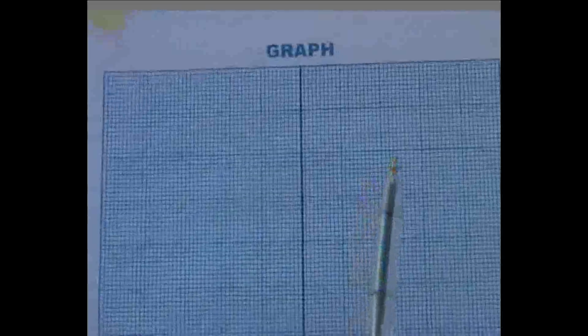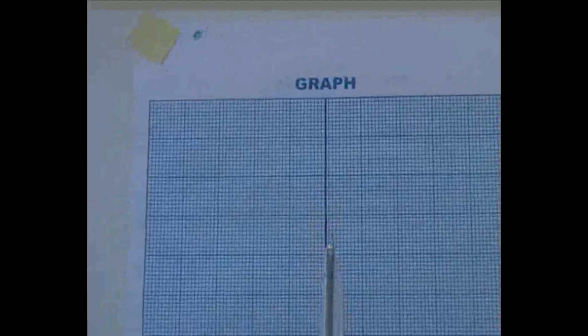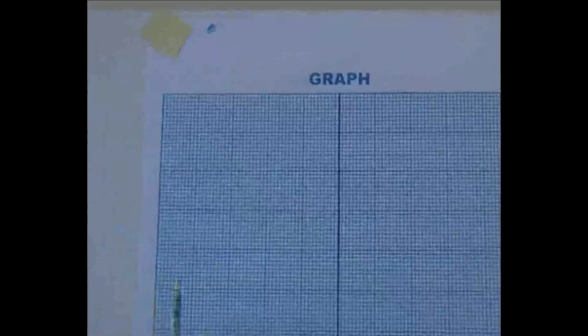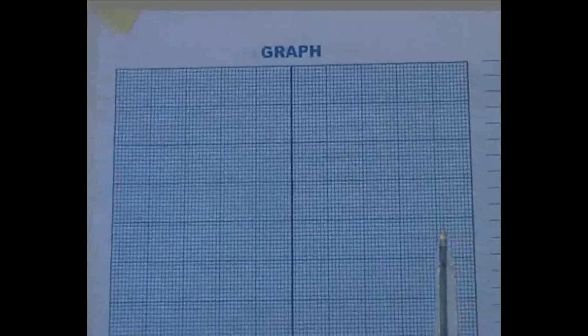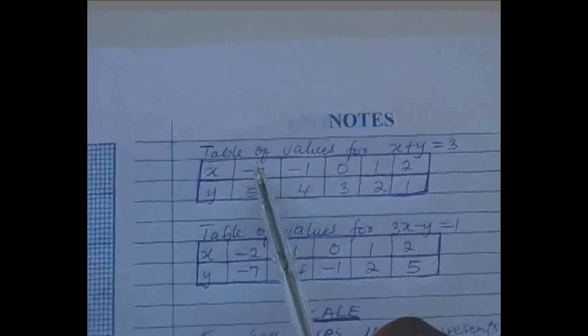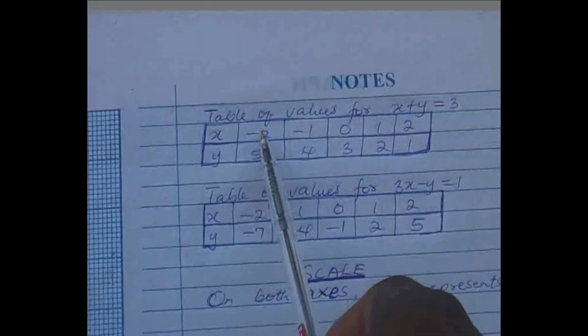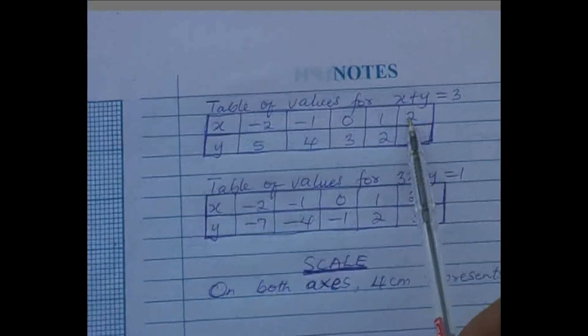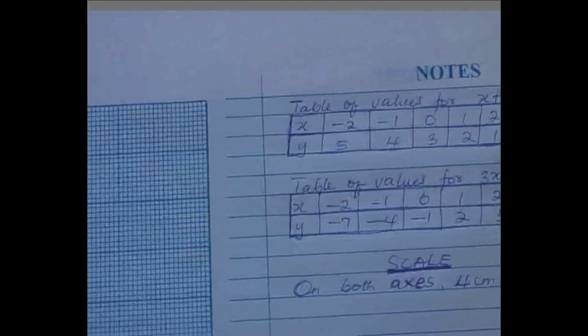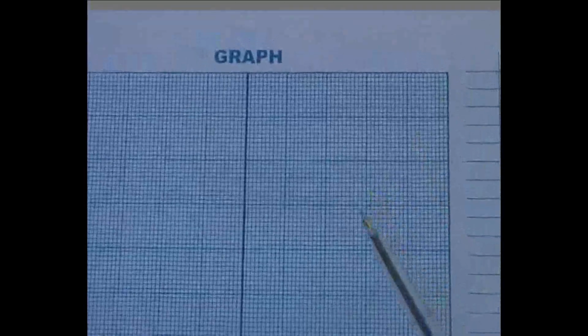And if you look close now, you see that the place I drew it has just divided the horizontal part of the graph into 2, because the figures we have on our table of values are balanced both on the left hand side, which is the negative, and on the right hand side, which is the positive.